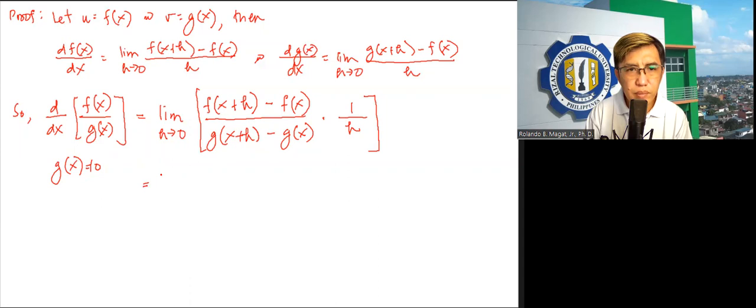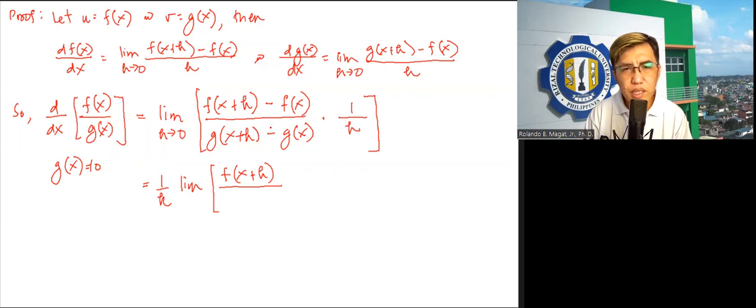This becomes 1 over h outside, the limit of f of x plus h all over g of x plus h, since the numerator and denominator have the same operator, and since they are like a binomial, we can separate them. Minus, and this one is f of x all over g of x.